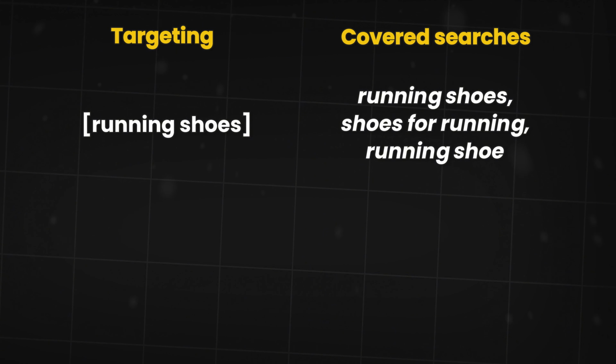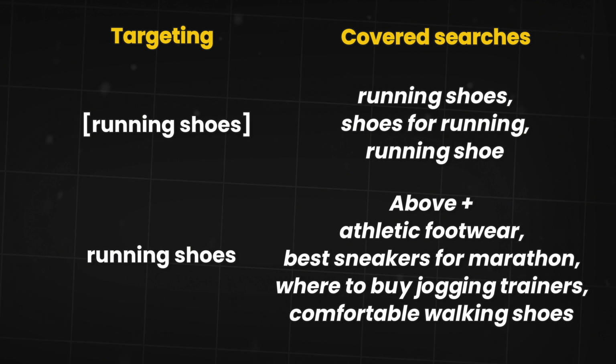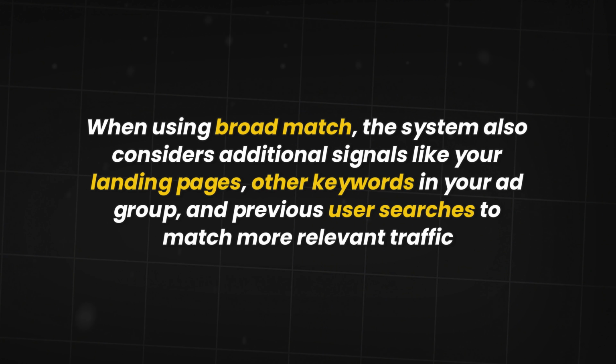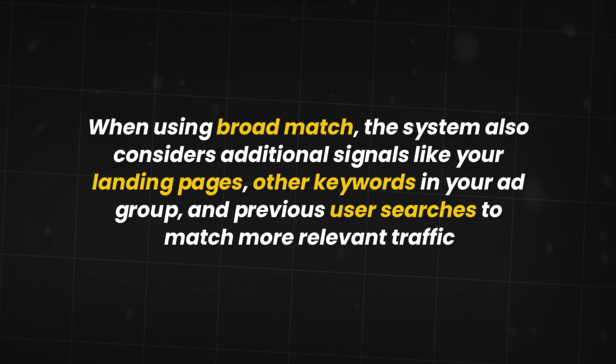But if you target the same keyword in broad match, your ads would be eligible to show for all the searches listed above, plus a wider variety of related searches that Google AI determines are relevant for your business. In addition, when using broad match, the system also considers additional signals like your landing pages, other keywords in your ad group, and previous user searches to match more relevant traffic.